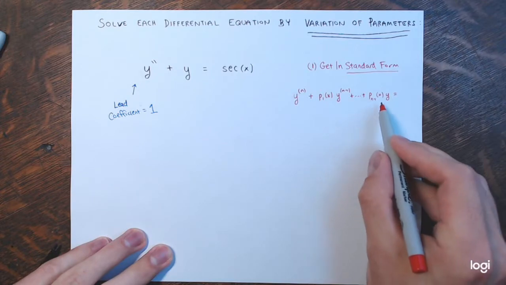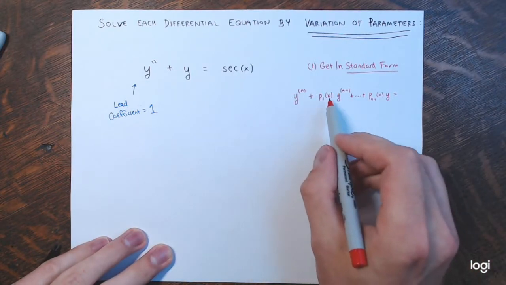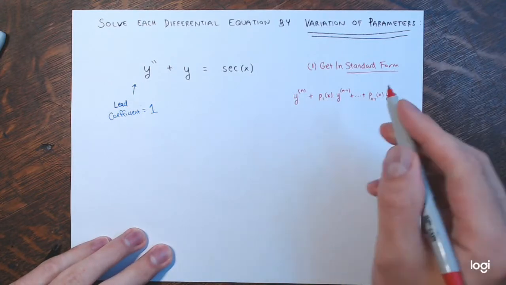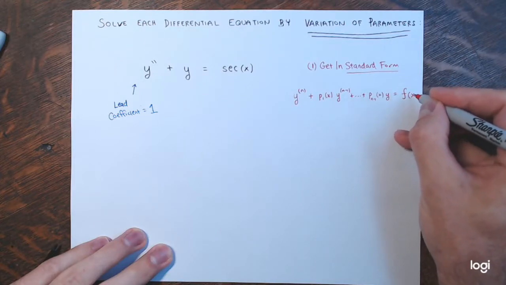Alright, where again the coefficient in the highest order derivative is 1. Then all the other coefficients are functions of at most the independent variable. And then on the other side equals some f of x.